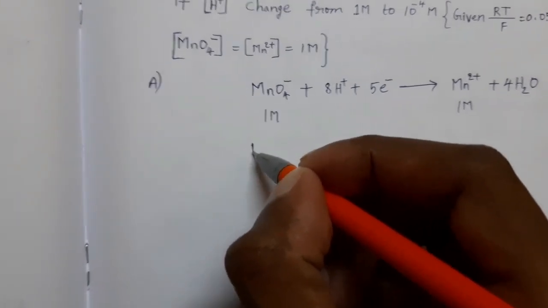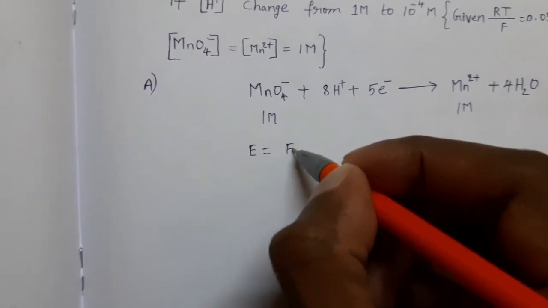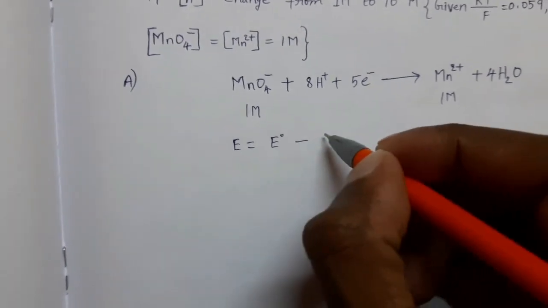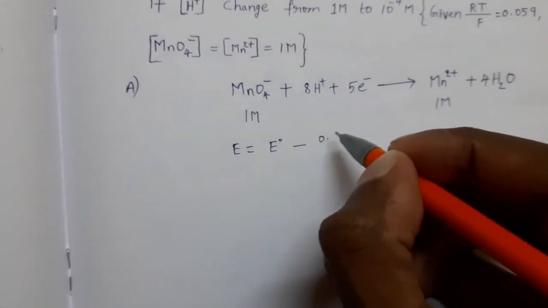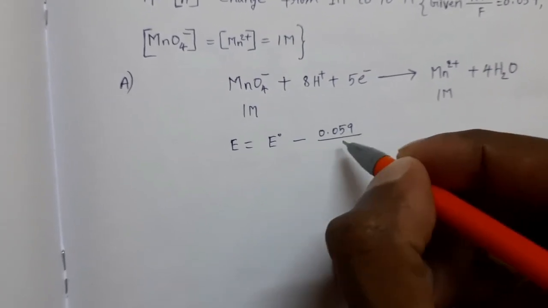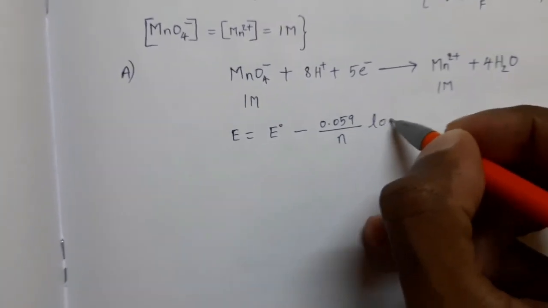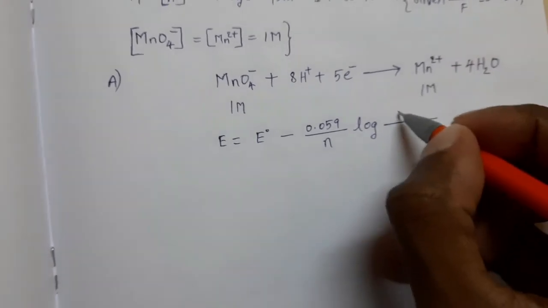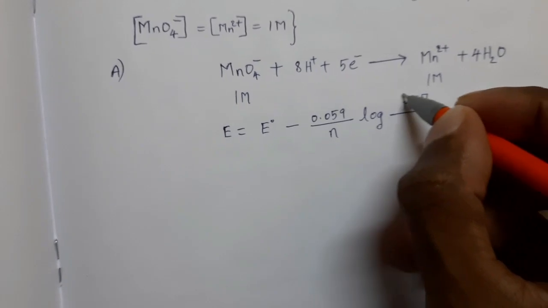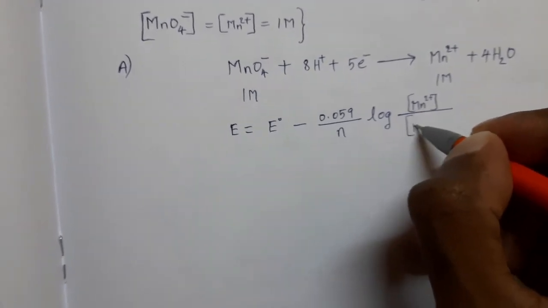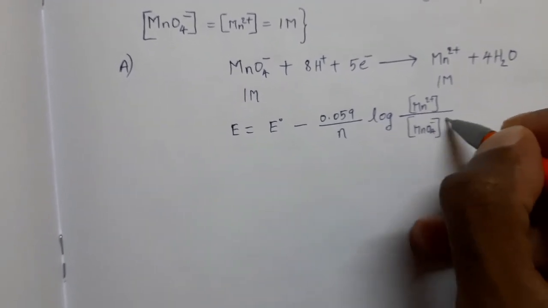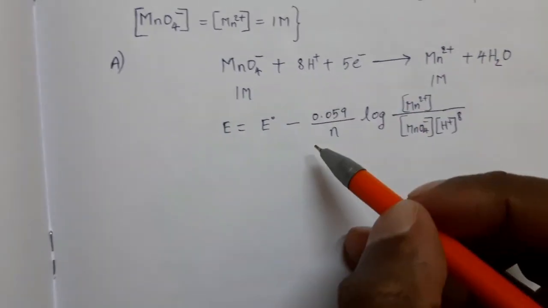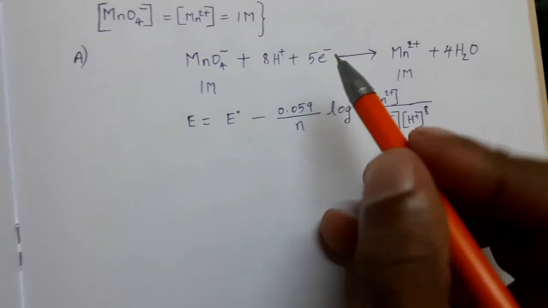Now Nernst equation, E equal to E naught minus, standard electrode potential E naught minus 0.059 by n into log of concentration of the product ions divided by concentration of the reactant ions. Here n value, how many electrons involved here? 5 electrons.